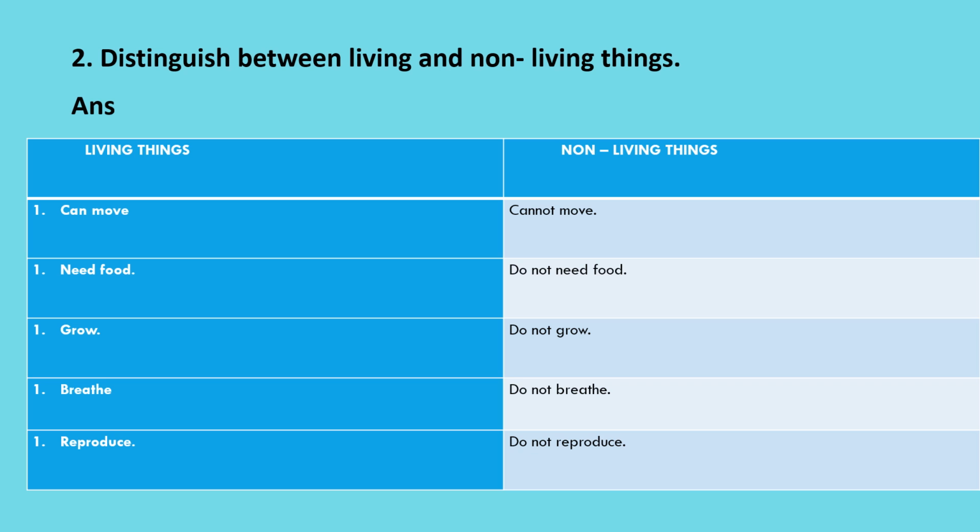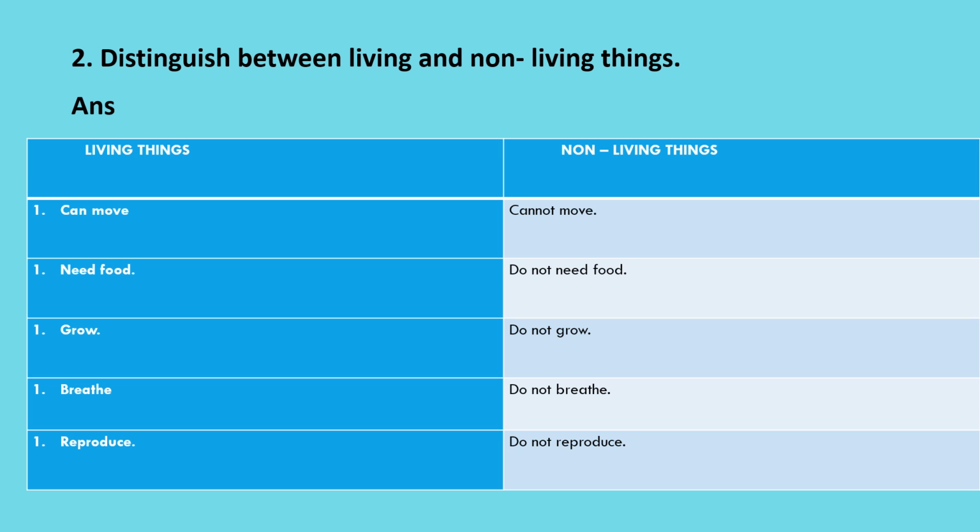But non-living things do not need food. They never feel hungry. Have you ever seen your refrigerator eating? No. Then the third point is growth. Living things used to grow, but non-living things do not grow.